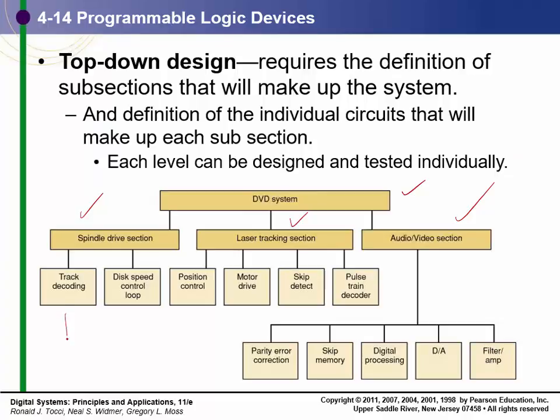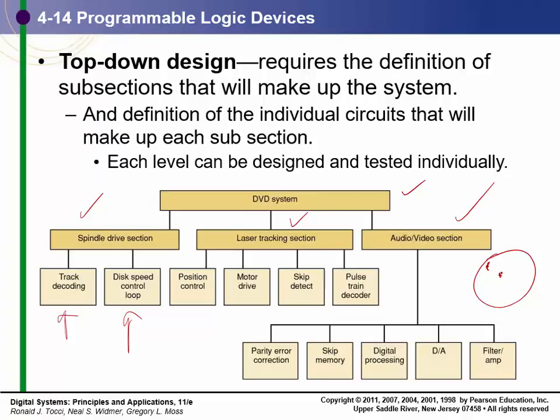So we got our track decoding, that's there, and we got our disk speed control loop. So in other words, depending on what track we're reading, and if you look at a DVD, if we're reading the outside track, we have to spin slower than if we're reading an inside track.